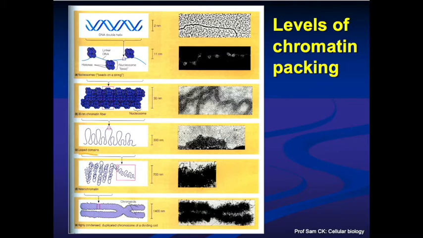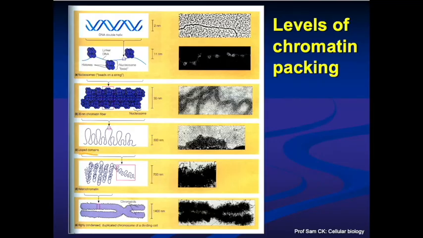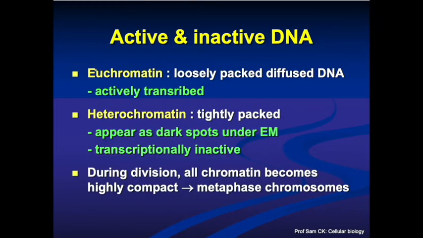We have seen those before. It appears dark because it is a highly condensed structure. Usually this heterochromatin and also the euchromatin that I mentioned before are associated with the activity of the DNA, whether they are active or not.